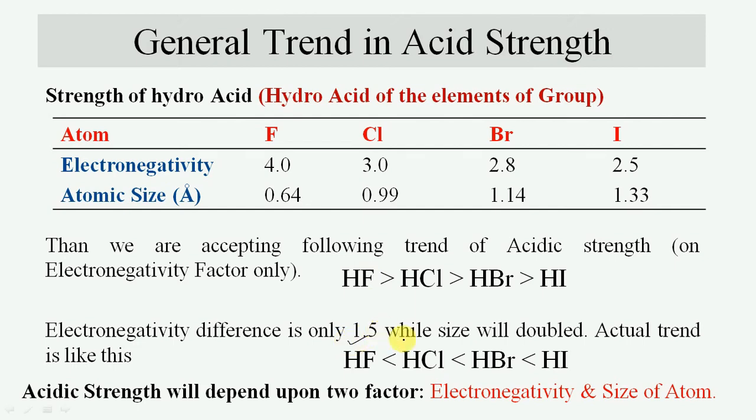Hydrogen fluoride is less acidic in comparison to hydrogen chloride, hydrogen chloride is less acidic in comparison to hydrogen bromide, and hydrogen iodide has the highest acidic strength.